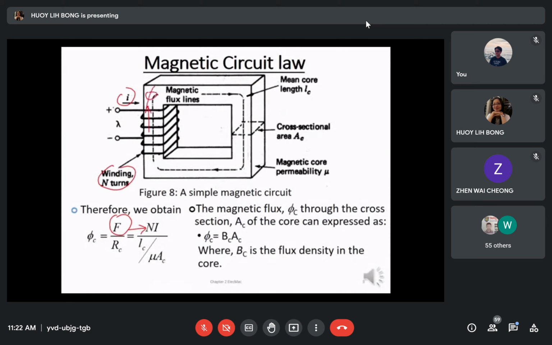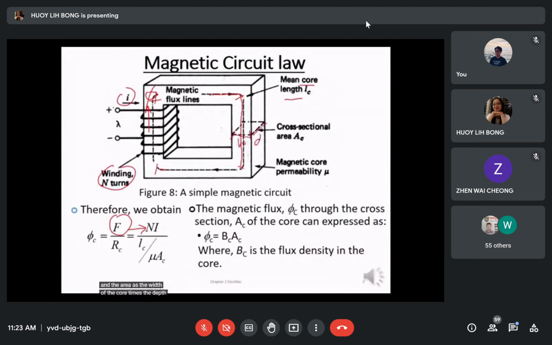We can use the mean core's length, in which we take the length as the middle of the core sections as the total length, and the area as the width of the core times the depth of the core.